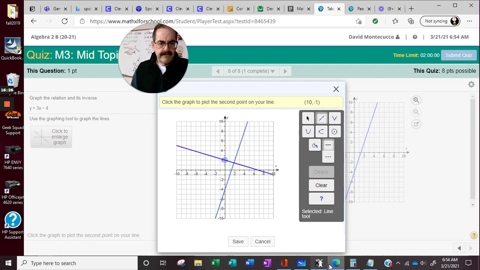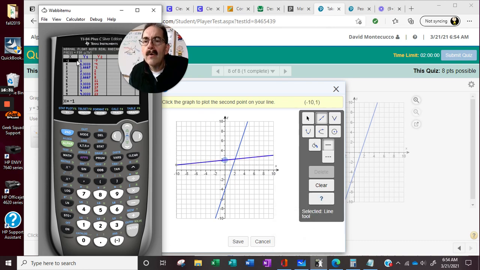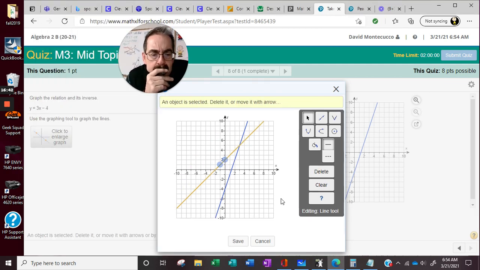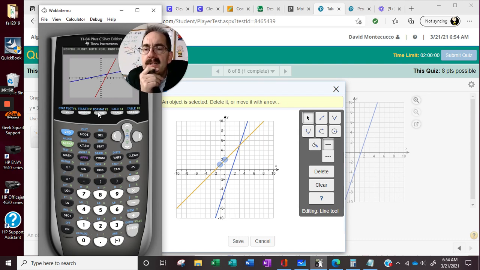What did that say? Oh. Negative 1, 1. Yeah, these don't look the same because, okay, let's go zoom 6.